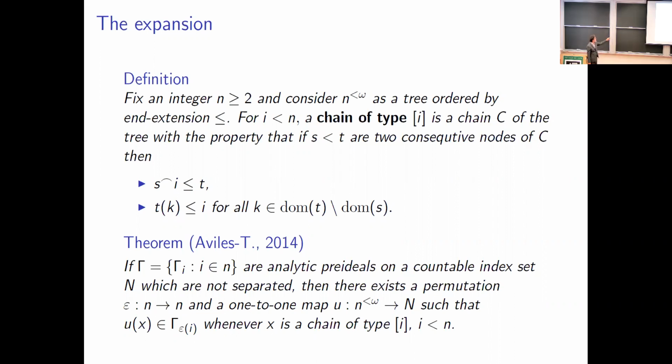You cannot embed square bracket I into gamma I, but you must do a permutation. And it's interesting because these are not strong gaps, which means that for example, some of the gamma I might be rather weak in information, might be countable, for example.